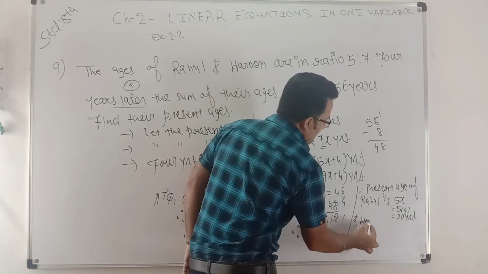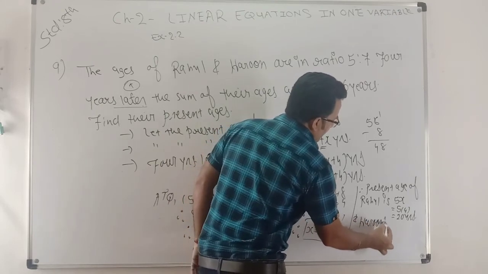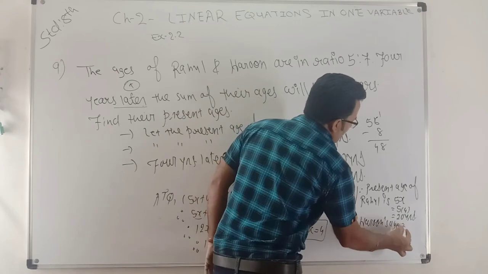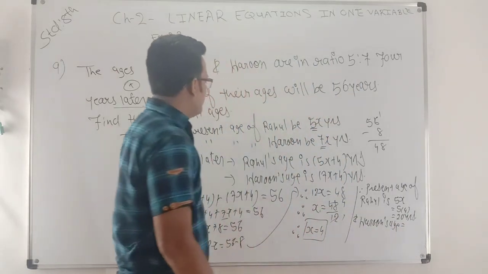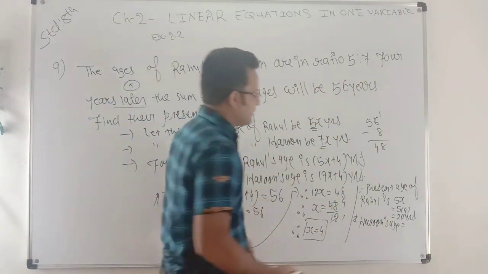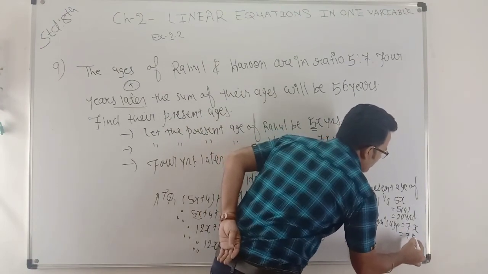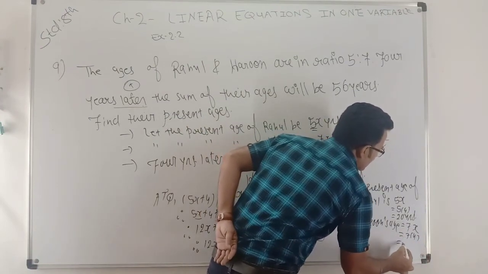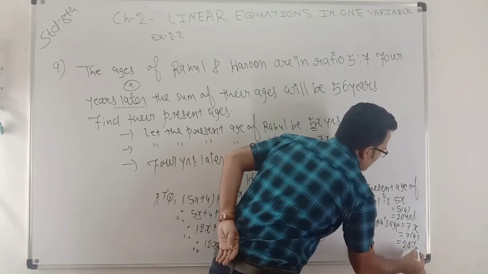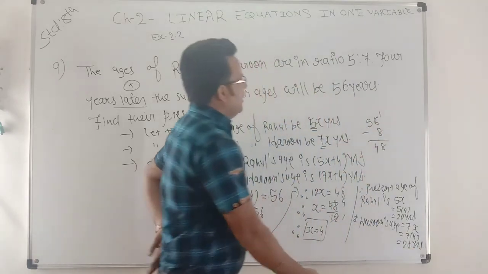And Arun's age, that is 7x is equal to 7 into 4 is equal to 28 years.